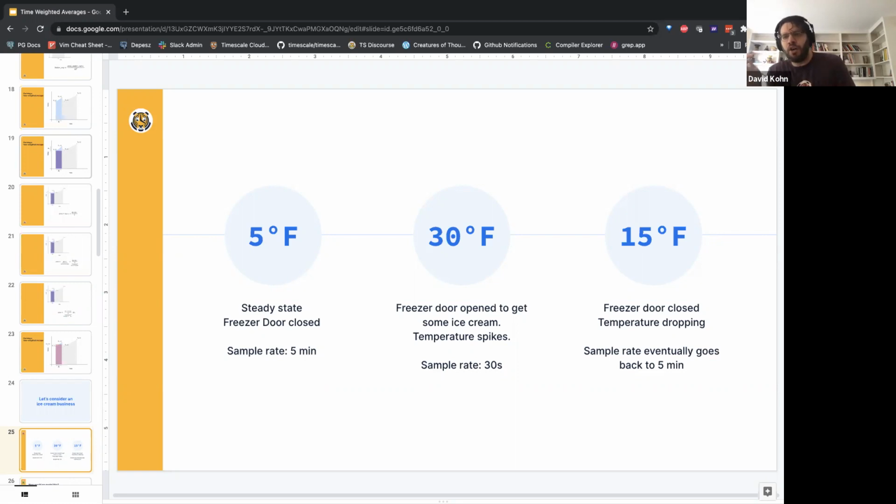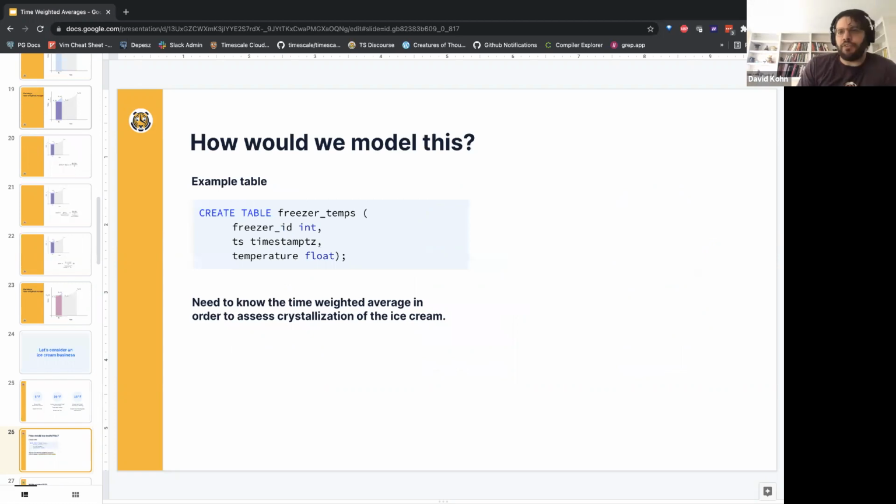And then eventually our sample rate is going to go back down to every 5 minutes once we get back into our targeted range of temperatures, maybe at 15 or 10 or whatever our target range is going to be. And to model this in SQL, we're going to have a table something like this. Pretty simple. We have freezer temps, we have a freezer ID, we have a timestamp, and we have a temperature.